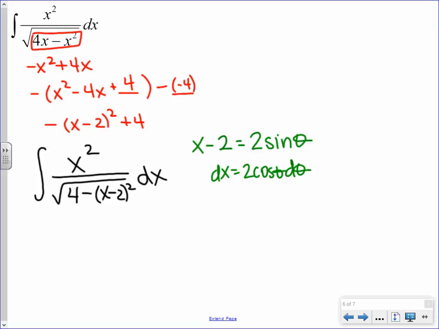Okay, and just since we're here, let's go ahead and draw a triangle. Our sine ratio, opposite over hypotenuse, is x minus 2 over 2, right? If we divide the 2 over, we'll have that ratio. And then radical 4 minus x minus 2 squared is our adjacent side.